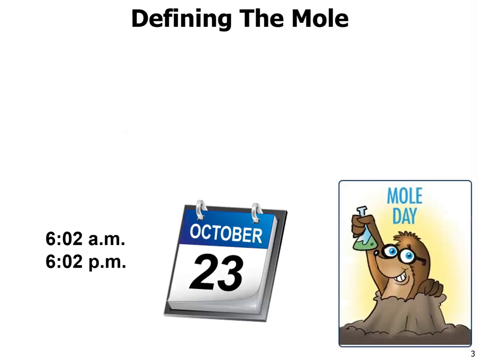All right, so the mole, what is the mole? A simple way to think of it is if we have table salt, which is sodium chloride, and they come together in a 1-to-1 ratio by atoms, they have the same number of atoms within that compound.